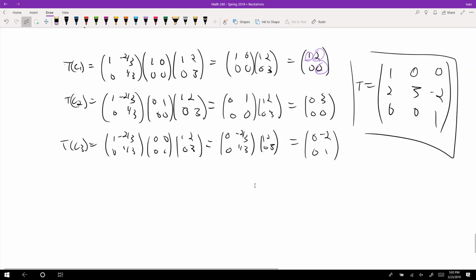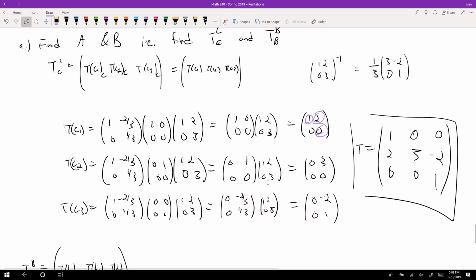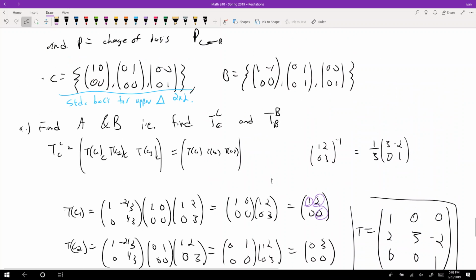Okay, so now what's B? The B matrix, well, that's equal to T_BB, which is equal to T of B1 written in B, T of B2 written in B, T of B3 written in B. Remember, B is [1, -1; 0, 0], [0, 1; 0, 1], and [0, 0; 0, 1].